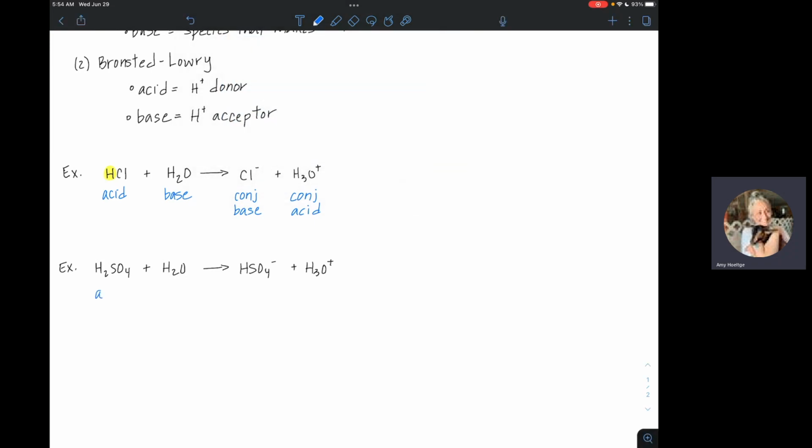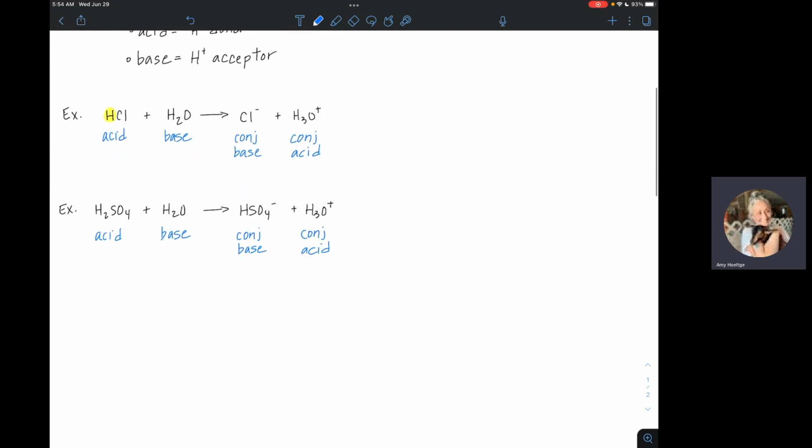So here's your acid. This is going to be the base. This will be your conjugate base. And this will be the conjugate acid. So theoretically, there's another acidic hydrogen on that conjugate base there. It can behave then as a monoprotic acid, and you'll donate another, right? But it goes one at a time. One proton is plucked off at a time.